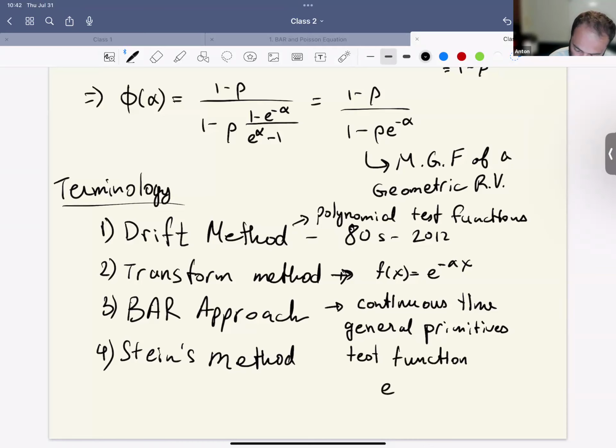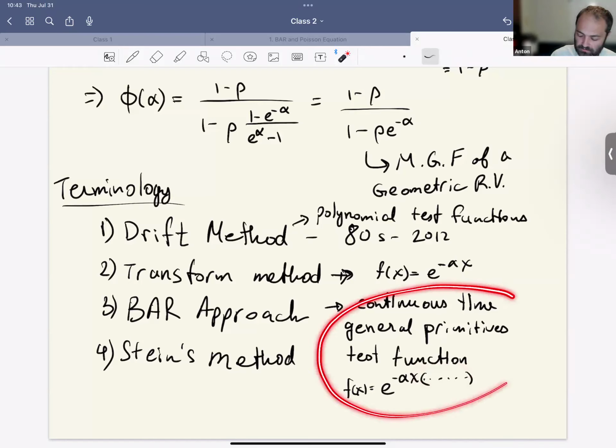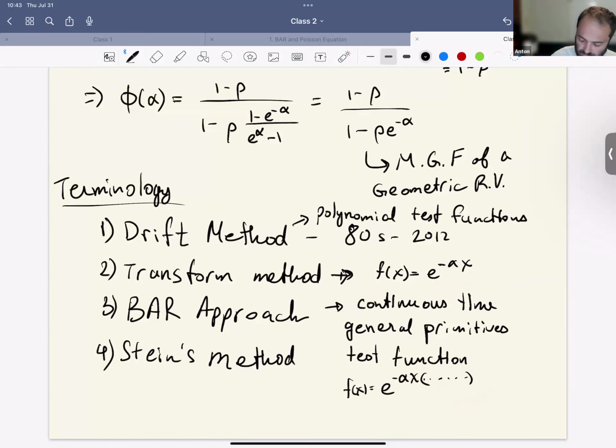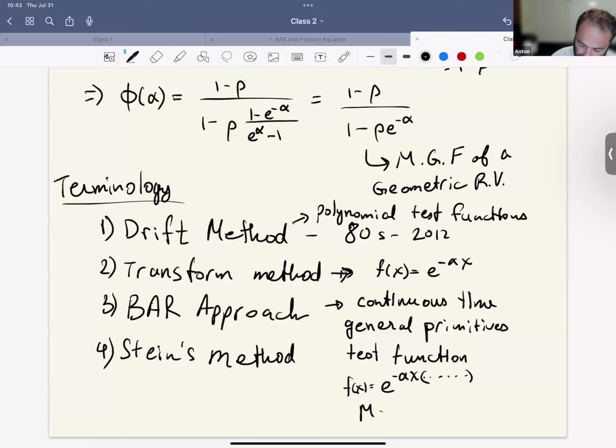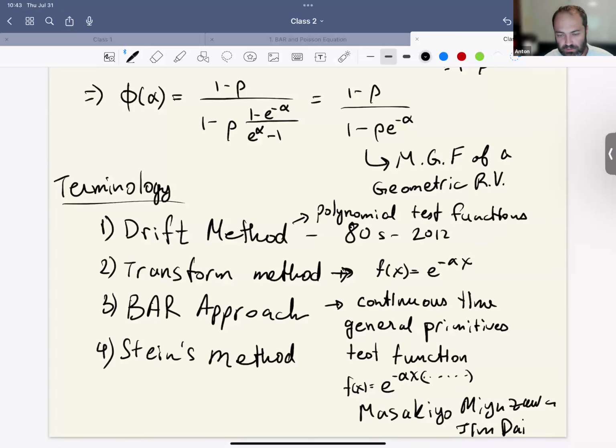It's exponential, e to the negative alpha x, but there are some extra terms, and these extra terms are carefully engineered to make the BAR for the general primitive model tractable. And this really is due to Masakiyo Miyazawa and Jim Dai. I also have some work on that with them, but they were the big drivers of popularizing this approach.